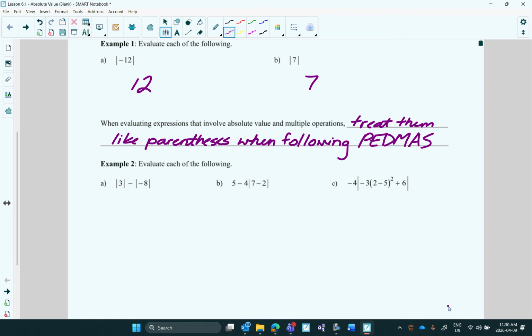So P represents parentheses or any other type of grouping symbols like brackets, square ones, braces. Okay, that'll also include absolute value. E is exponents. D and M go together, whatever appears first when you're going from left to right, and addition and subtraction from left to right. So just keep that in mind when we work through these.